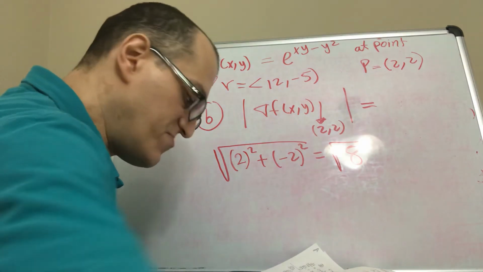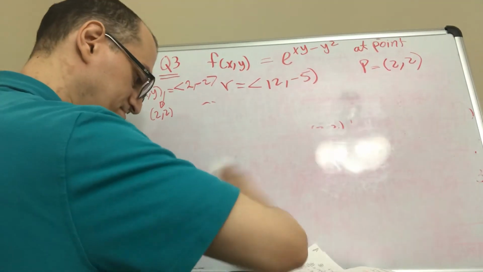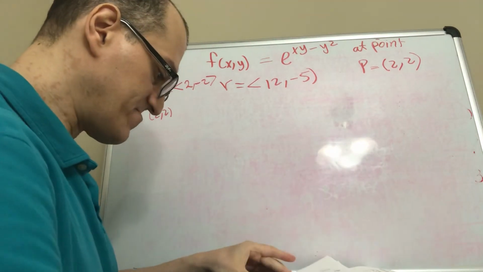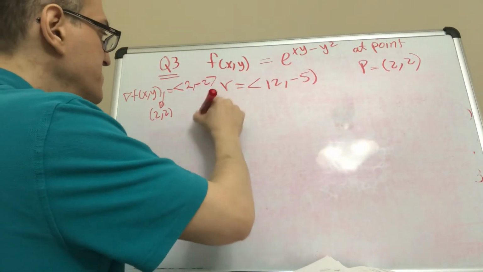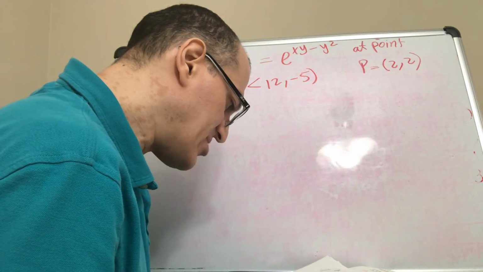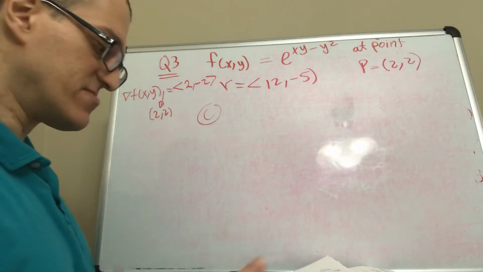Okay, part C. In the direction that makes pi over 3 with the x-axis. So we need to work with an angle.